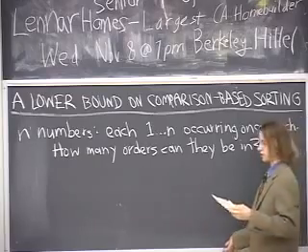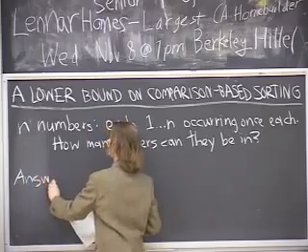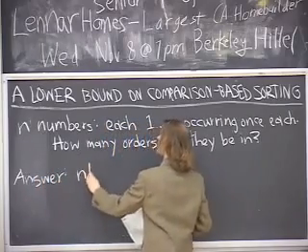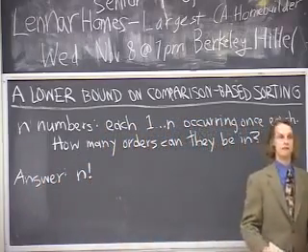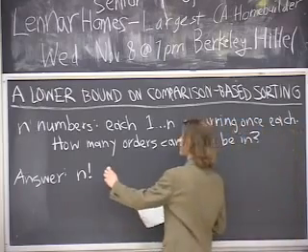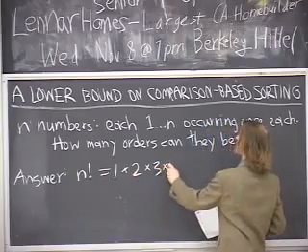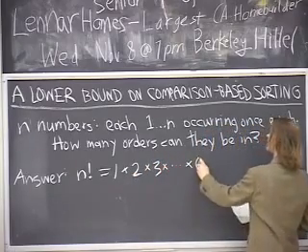The answer to that question is n factorial. For those of you who haven't seen n factorial before, it's the number you get when you multiply 1 times 2 times 3 times 4, and so on all the way up to n.